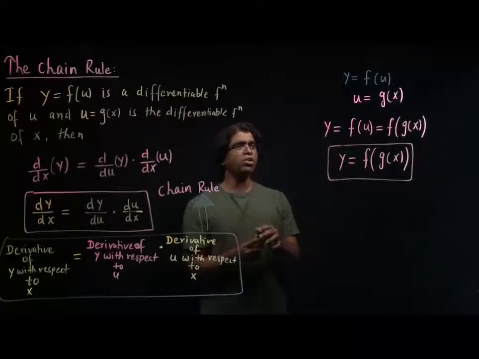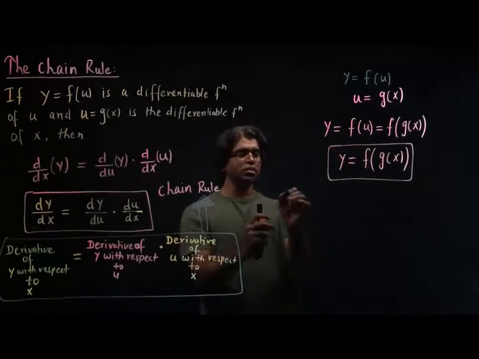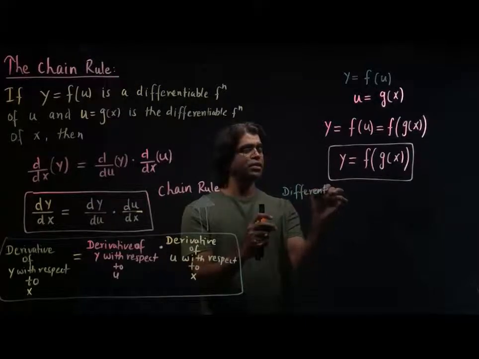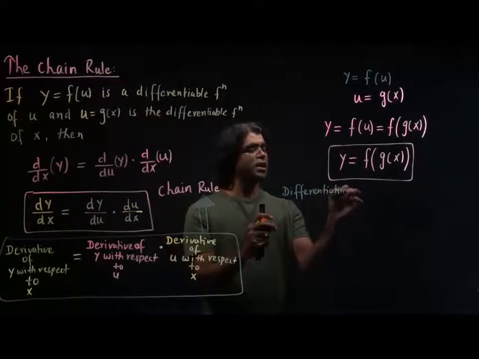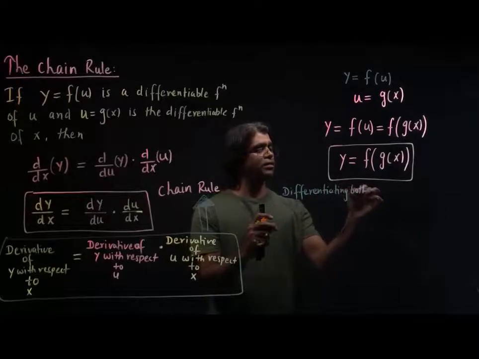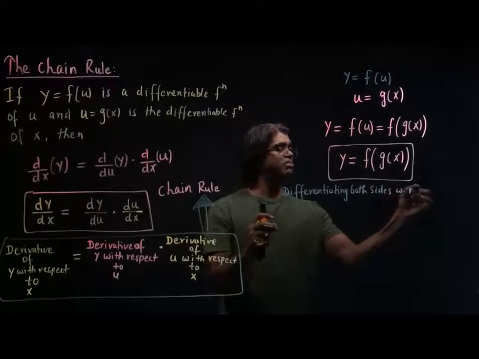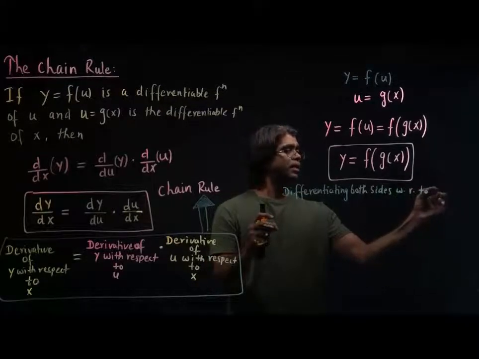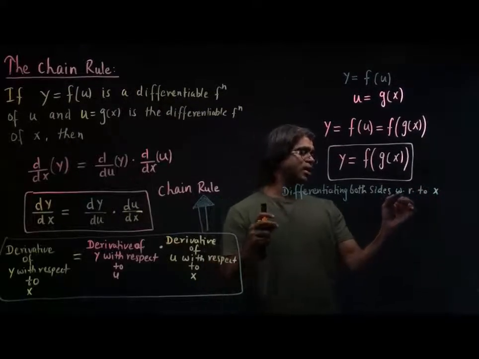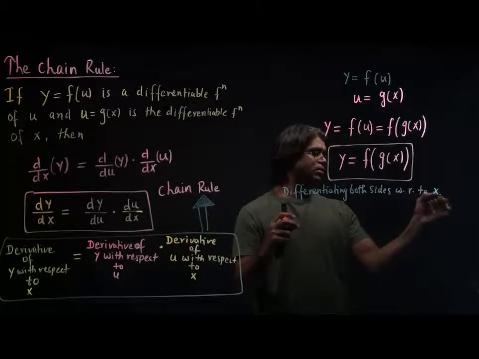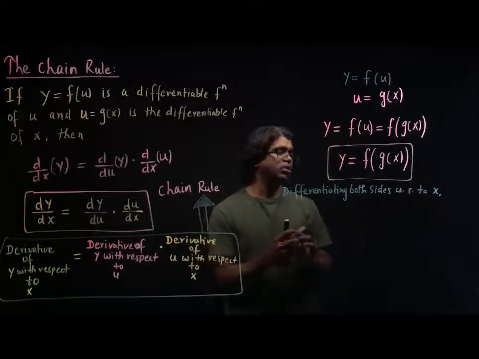If I want to differentiate this function, what will I do? I will differentiate both sides with respect to x, and I'm writing w r t for with respect to x.